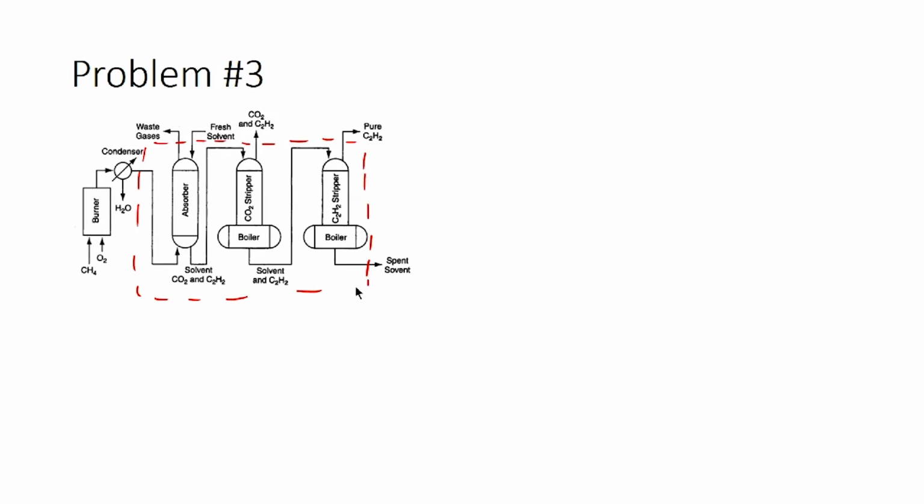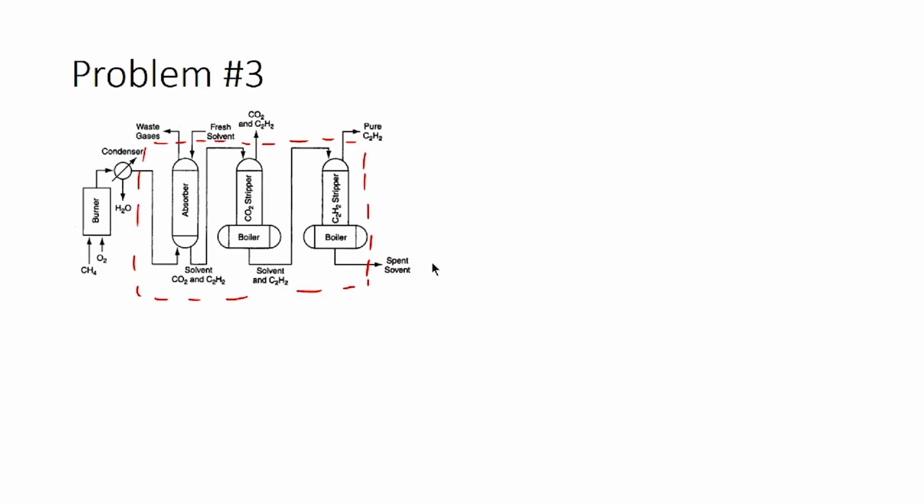So, when we choose this system, we have the mixed gases coming in, and waste gases leaving, and then carbon dioxide and acetylene leaving through the CO2 stripper, and the pure acetylene and spent solvent leaving. We are not interested in any information about the solvent, so we do not have to worry about the solvent or its flow rates.